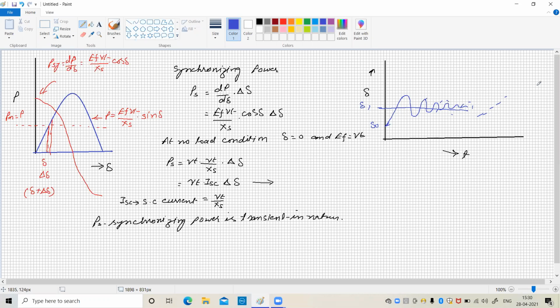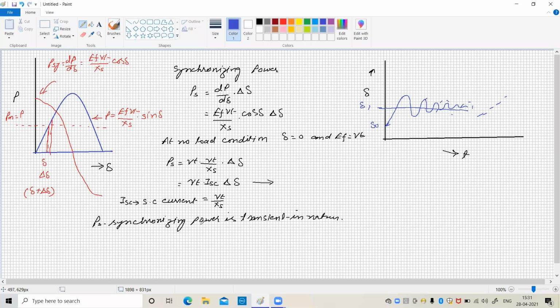Under such condition, the rotor will either accelerate or decelerate. This acceleration and deceleration generates the synchronizing power or synchronizing power coefficient. So this synchronizing power coefficient brings the alternator again into the new equilibrium position.